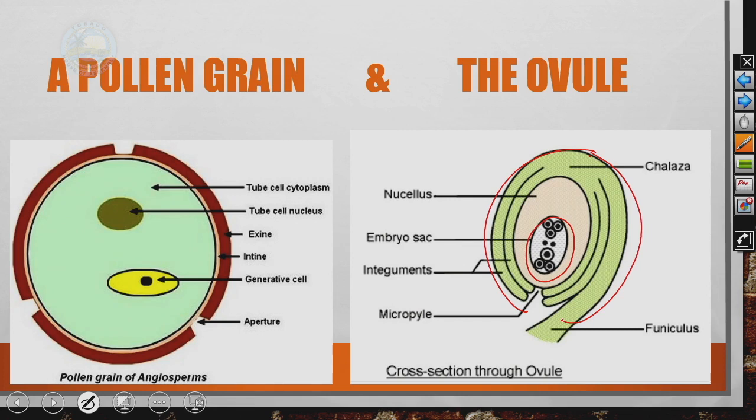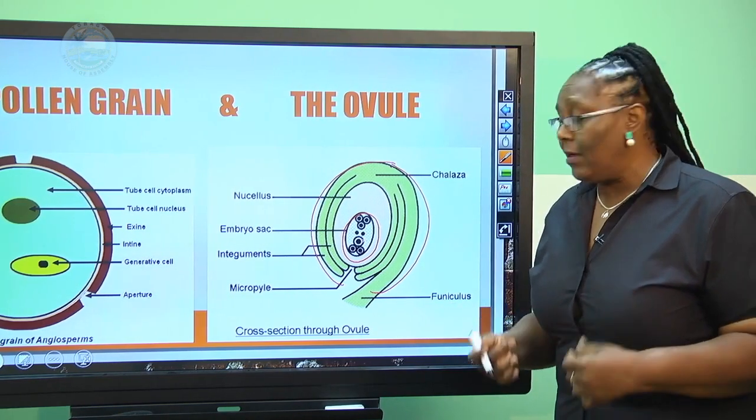In the final analysis, you will have 3 cells here, each having a single nucleus, and 3 here. As we mentioned last day, these cells here are the synergids. This cell would be the female egg cell.